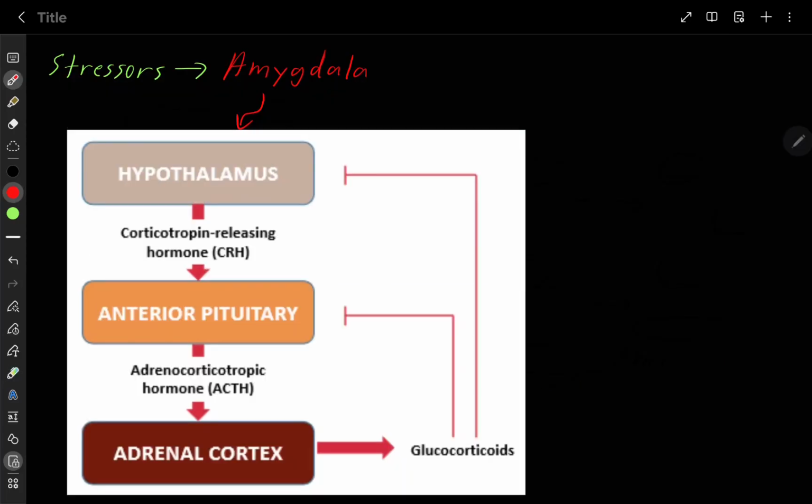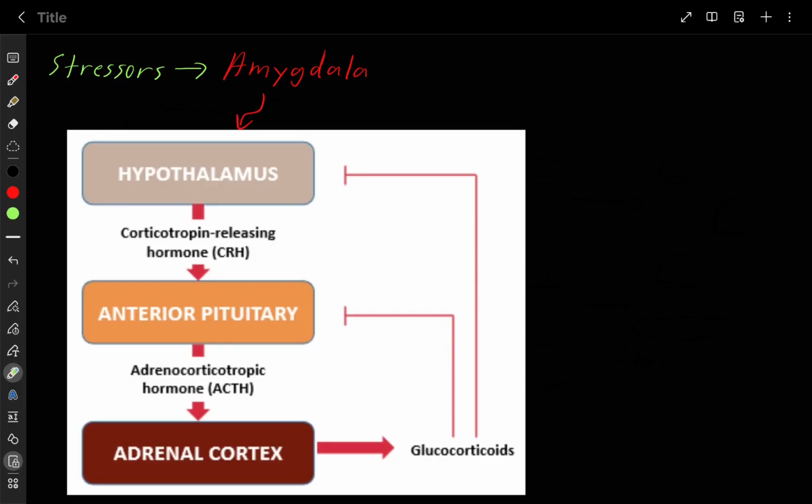Okay, so the mechanism of cortisol release is the following. Stressors are detected by your brain's amygdala. Then your amygdala is going to activate something called the HPA axis, which consists of the hypothalamus, the anterior pituitary, and the adrenal cortex. So hypothalamus, pituitary, adrenal, HPA, that's where we get the name HPA axis.